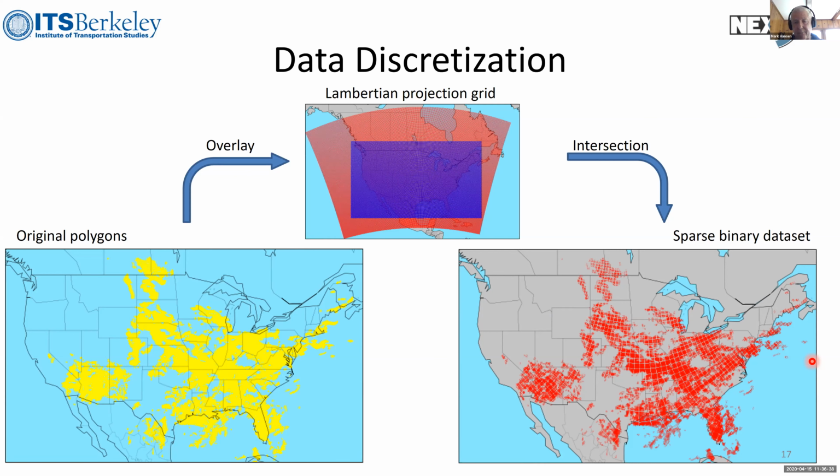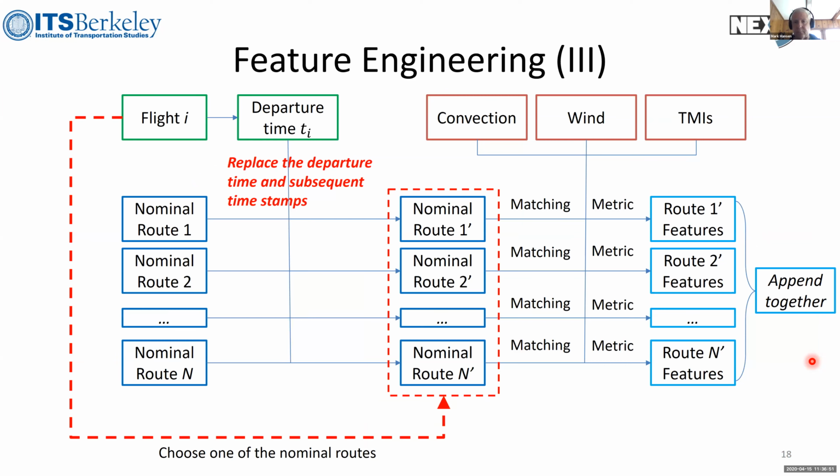You can see the squares there that we use. That's basically on or off, depicting the presence of convective weather. And then using that kind of matching and discretization, we match each nominal route with features that would be the appropriate features given the departure time of our flight whose choice we're trying to model.